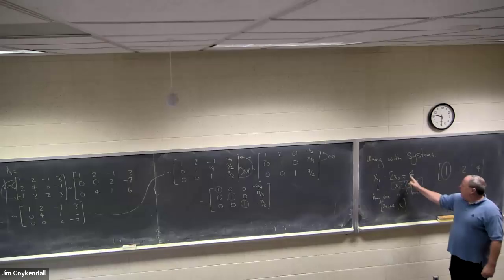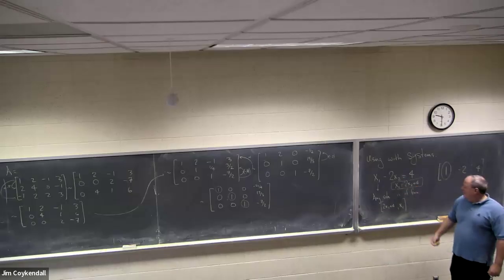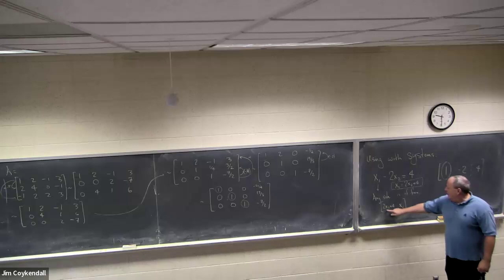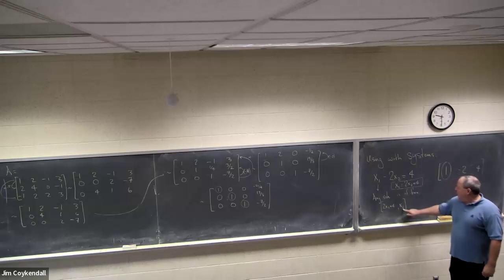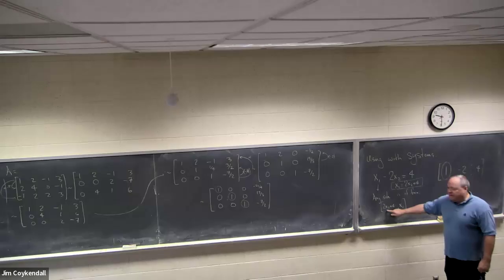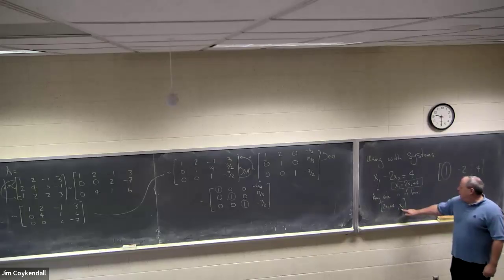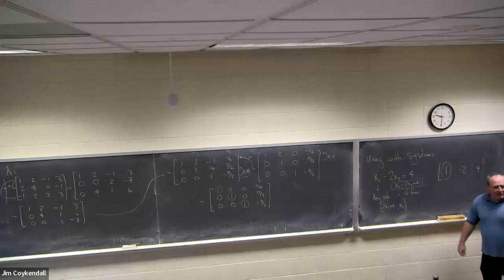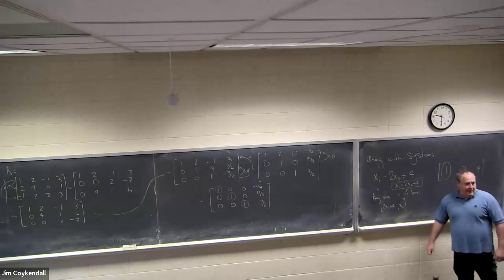This completely describes the solutions of the system. For example, when x2 is 0, then x1 has to be 4. When x2 is 1, then x1 has to be 6. When x2 is -2, then x1 has to be 0. This parameterizes all solutions. I can let x2 be anything I want, and that controls what x1 is.